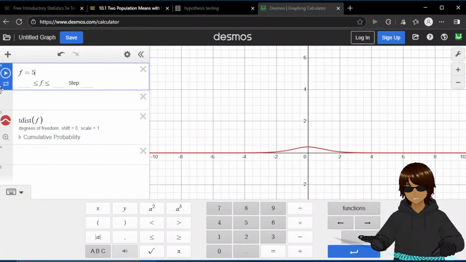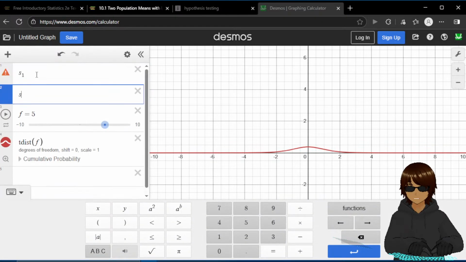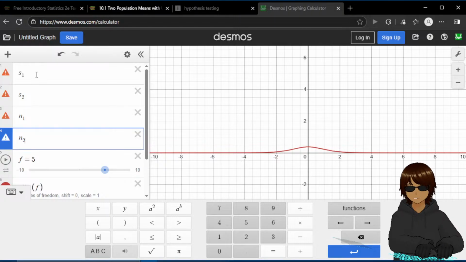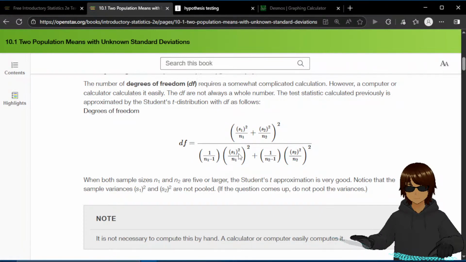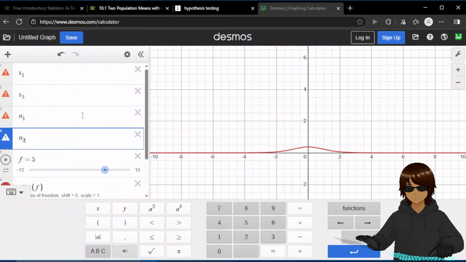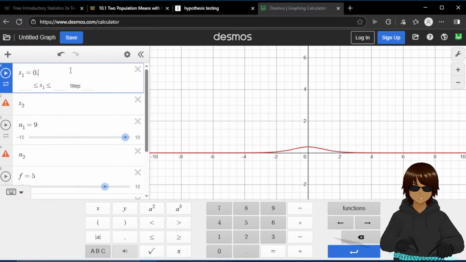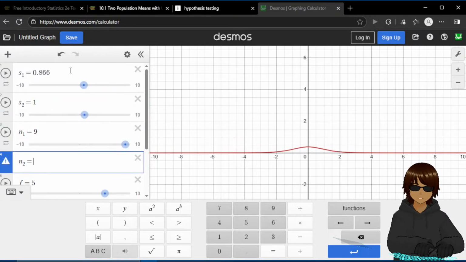Wait, let me do s1, s2, n1, n2. 9, 0.866, 9, 6, n1 equals 11, n2 equals 16.